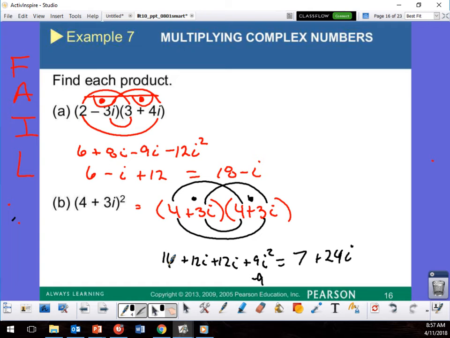I squared is negative 1, but it's a positive 9, so positive 9 times negative 1 gave me negative 9 here. Anytime there's an i squared, we change it to negative 1. So I have a positive 16 and a negative 9, which together gave me a positive 7. Then combine my 12i and 12i, which gave me 24i.